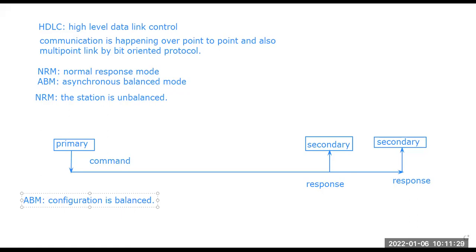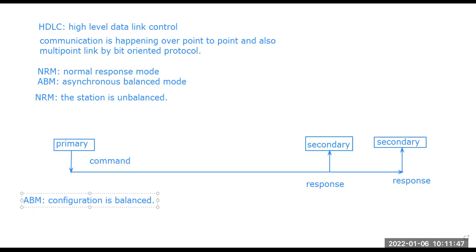This means nothing is distinguished as this being the primary station and that being the secondary station. All stations can act as a primary station, and all stations can act as a secondary station. So there is no waiting for someone to command something and then someone to wait for a response to that particular command.